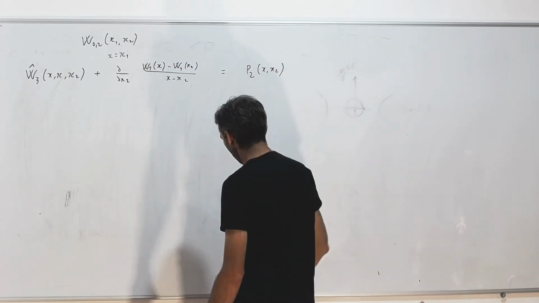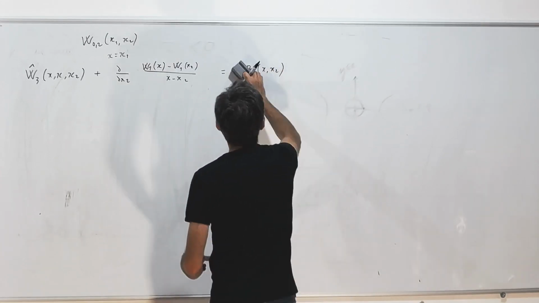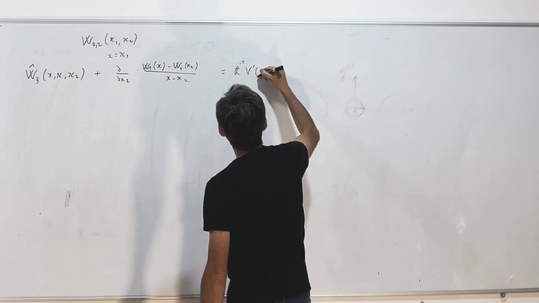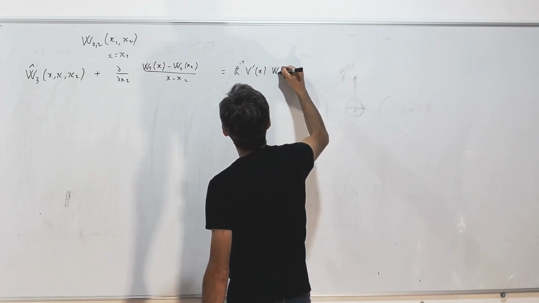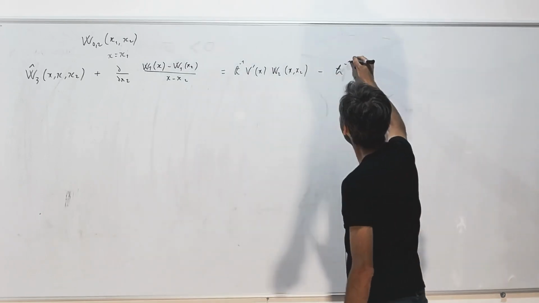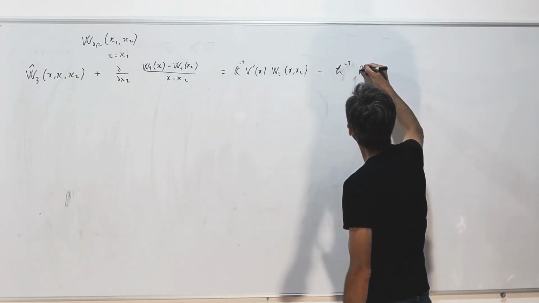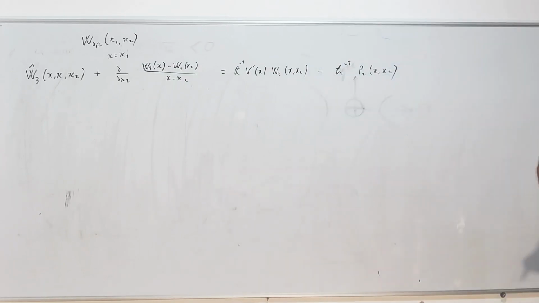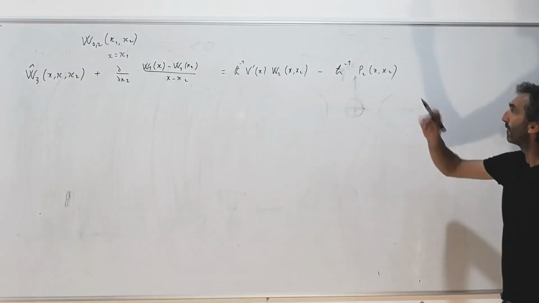No, sorry. Minus, so it was equal to V prime h bar minus 1, V prime of x W2 of x x2 minus h bar minus 1 p2 of x x2. And p2 is a polynomial only in the first variable.